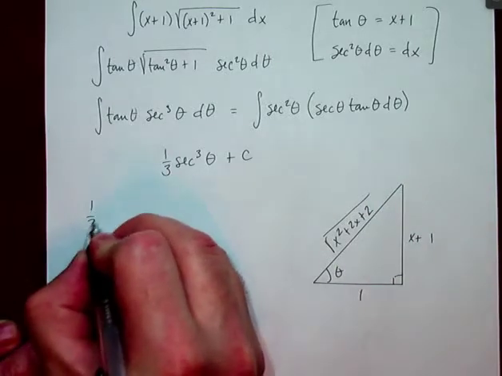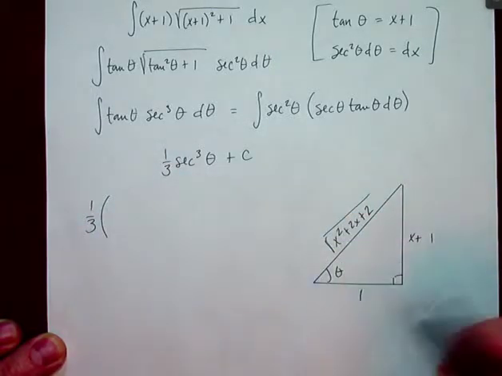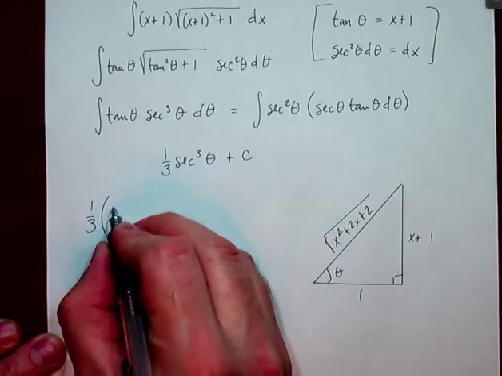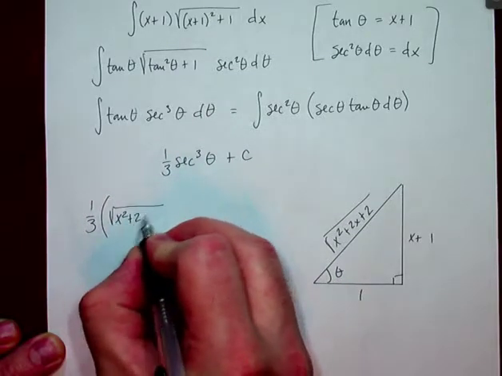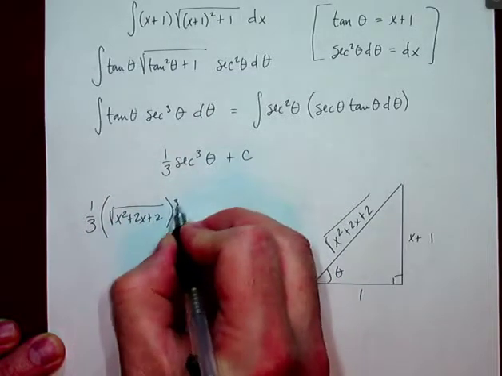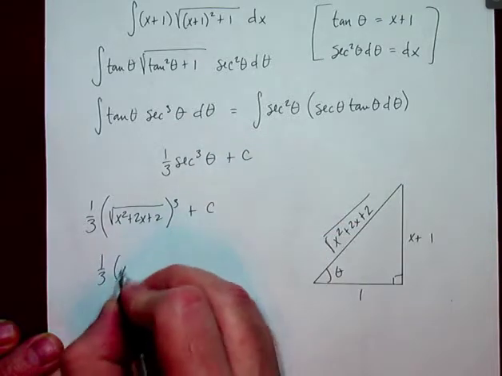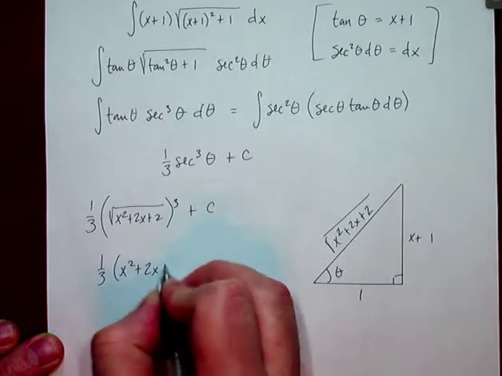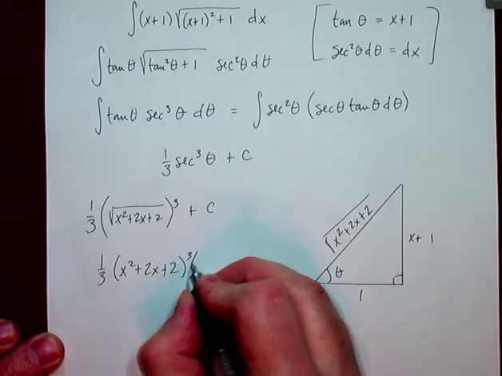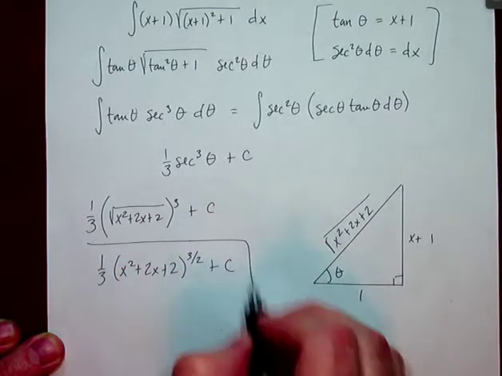Now, that gives me hypotenuse over adjacent, but I need to cube it. And so when I cube a square root, it's simply going to turn it into the radicand to the 3/2. And there we go.